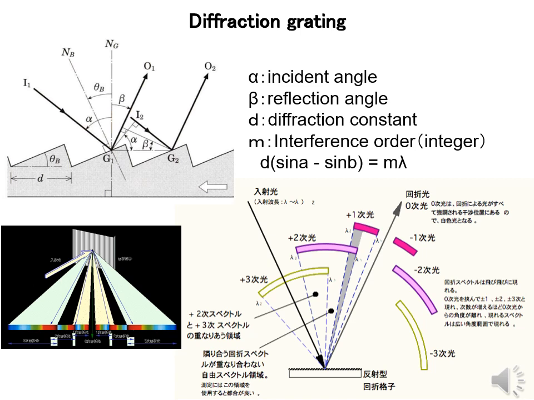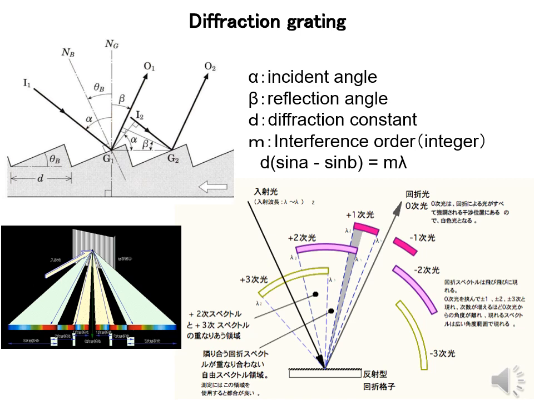If this is an integral multiple of the wavelength, the reflected lights will strengthen each other, so the light of wavelength lambda that satisfies the relational expression on the right will be strongly observed at that angle beta, where m is an integer and is called the interference order.